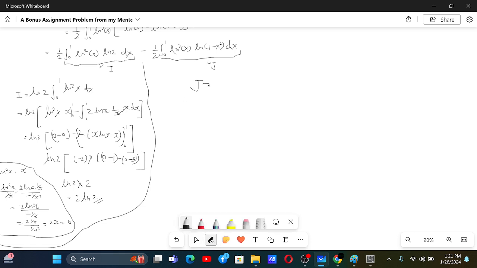So our J is the integral from 0 to 1 of ln square x times ln of 1 minus x square dx.